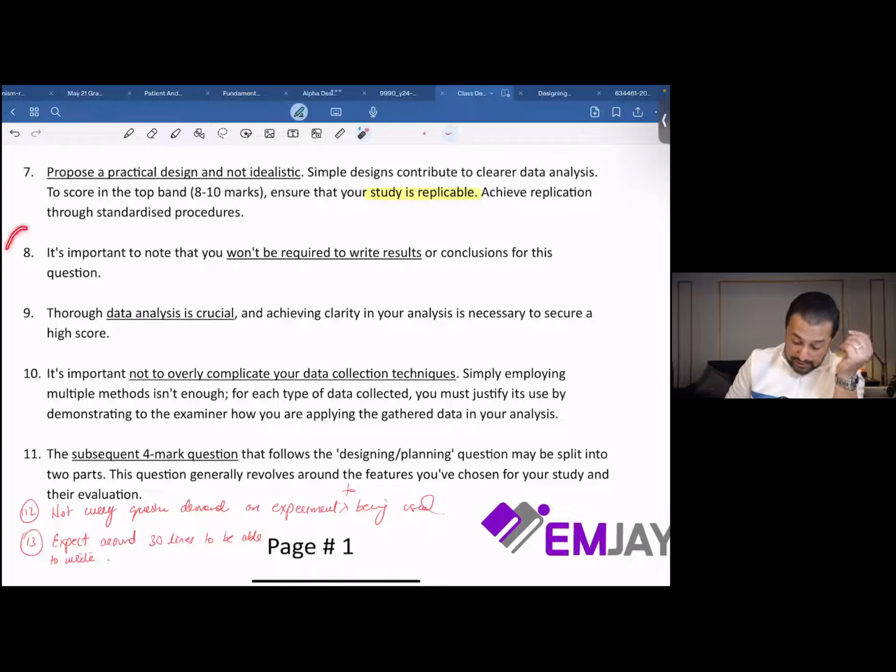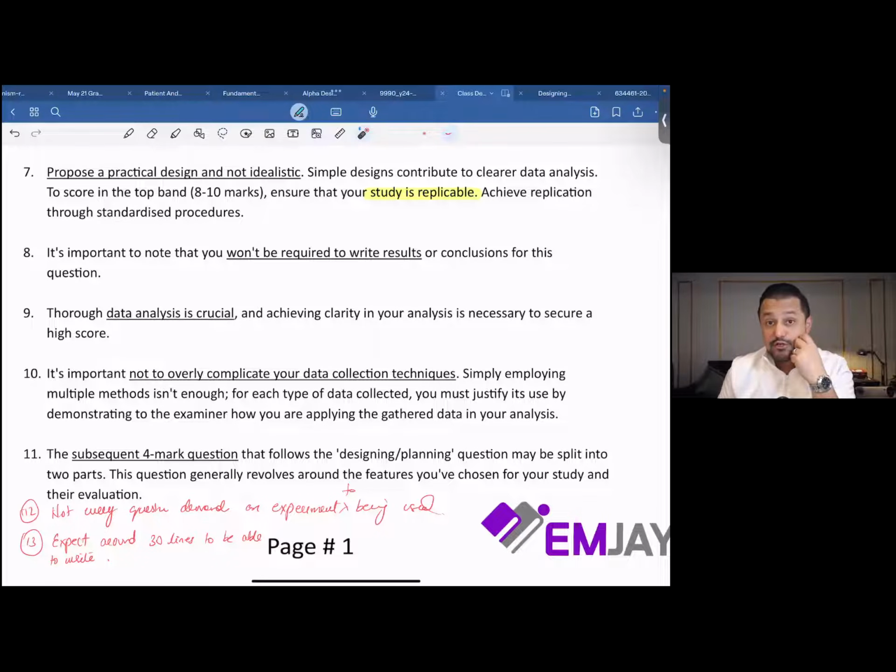Now, the eighth point, it is important to note that you won't be required to write results or conclusions for this question. The ninth point, thorough data analysis is crucial, right? This ninth point I'll discuss further when we discuss the specimen response. But yeah, thorough data analysis is crucial, and achieving clarity in your analysis is necessary to secure a high score.